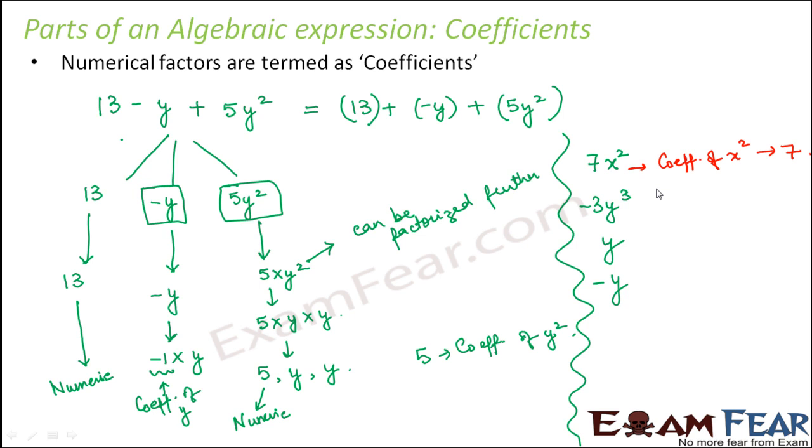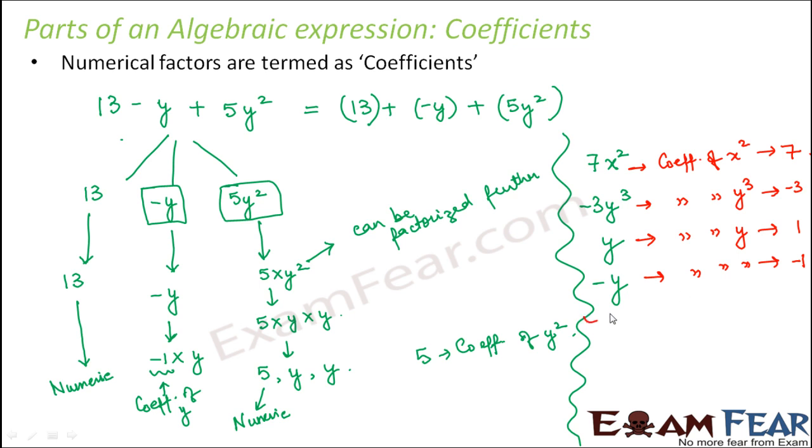Now if I ask you what would be the coefficient of y cube, it would be minus 3, because minus 3 is the numeric factor for y cube. In this particular case, what would be the coefficient of y? The coefficient of y would be 1. In this case, the coefficient of y would be minus 1. So the coefficient is always with respect to a particular term.